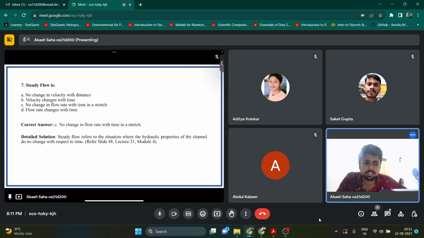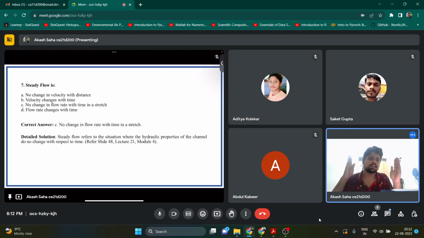Now, in the first option, it is saying no change in velocity with respect to distance. That is not steady flow, that is uniform or non-uniform. Distance means we are considering two different points, suppose at 1 kilometer or at 2 kilometer.